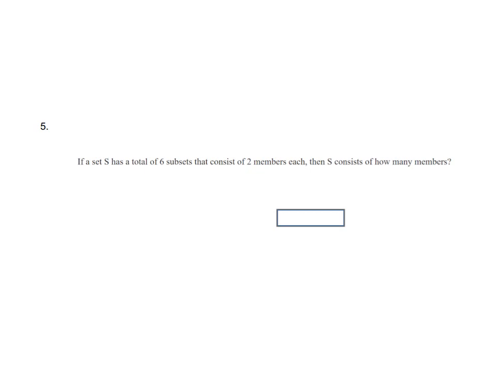If a set S has a total of 6 subsets that consist of 2 members each, then S consists of how many members? We need to find the total number of members, and we are given the number of subsets and the number of members of each subset.